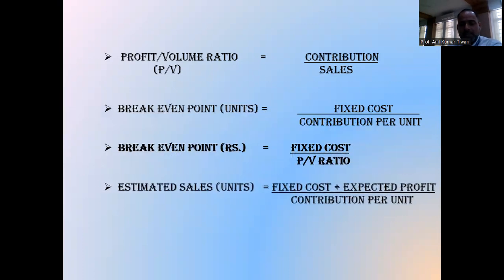And the estimated sales: if you want to find out the estimated sales for a particular profit, the fixed cost plus the expected profit you want, divided by the contribution per unit, gives you the units which you have to sell for that expected profit.